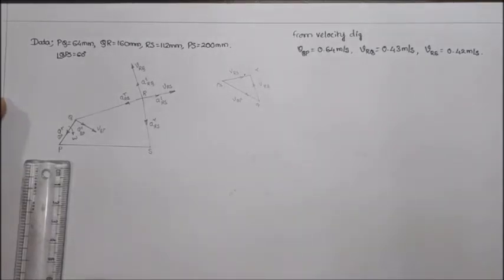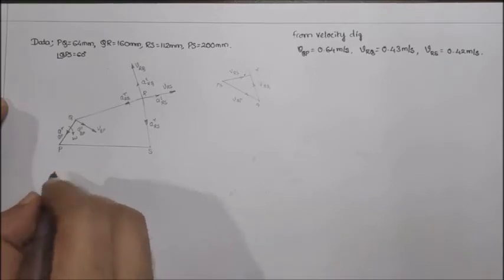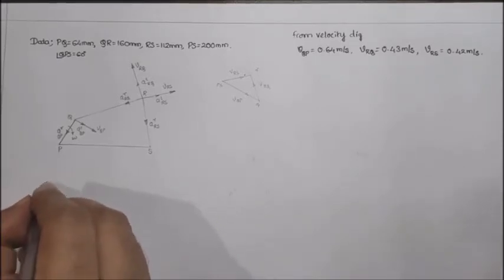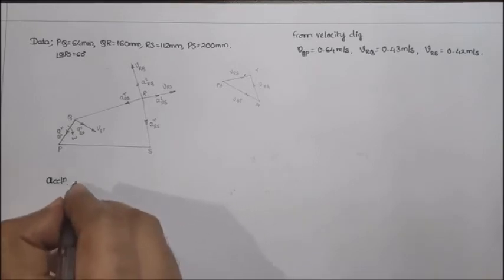So how to go ahead with this? There are small calculations, so remember them, it will help us. I will write acceleration as ACC for short notation.